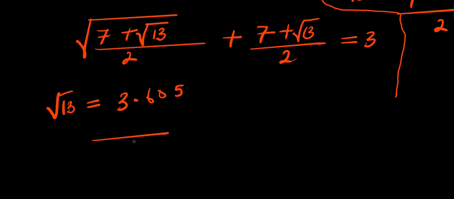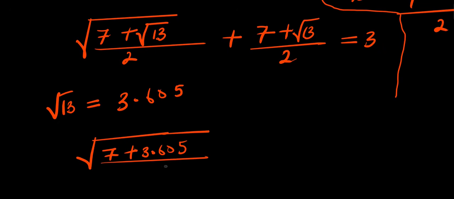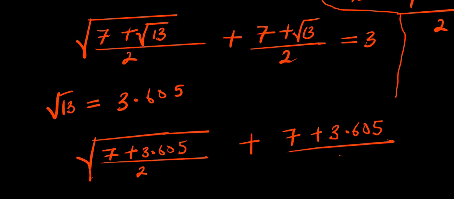This will be square root of 7 plus 3.605 divided by 2, plus 7 plus 3.605 divided by 2, and this equals 3.